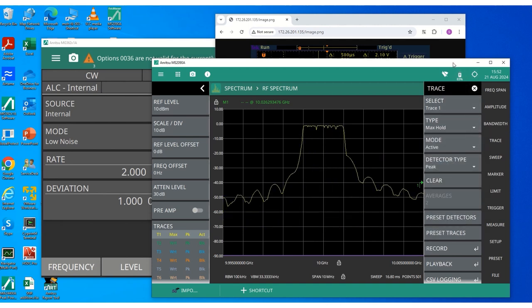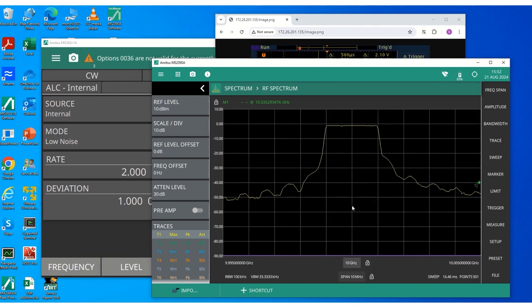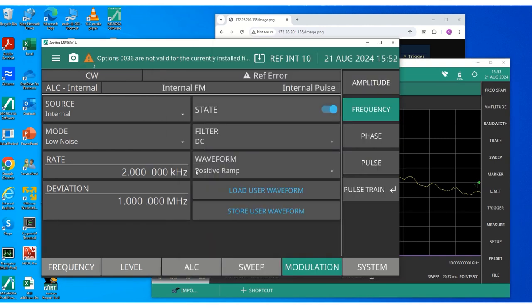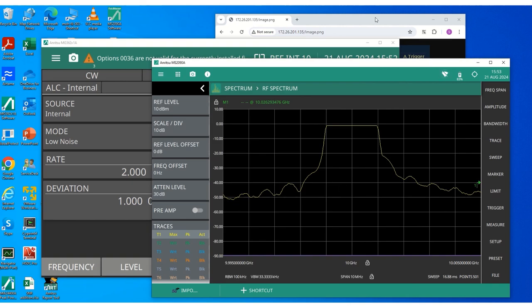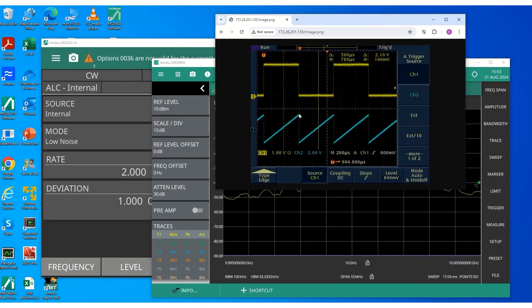And when you do the max hold, you can see this is the 10 gigahertz center frequency, and it's swinging on either side of 10 gigahertz by 1 megahertz, plus minus 1, because we set the deviation to 1 megahertz, right? So during this on period the RF carrier is going to swing from 10 gigahertz minus 1 megahertz to 10 gigahertz plus 1 megahertz, and that's basically our chirp, right?